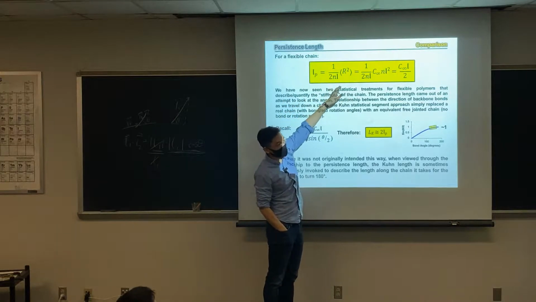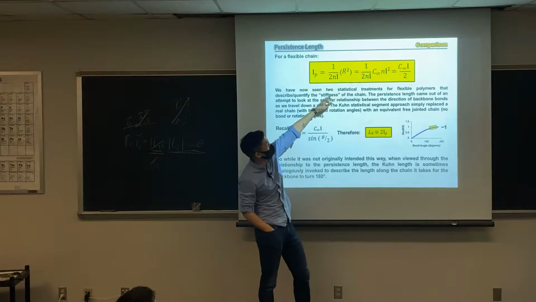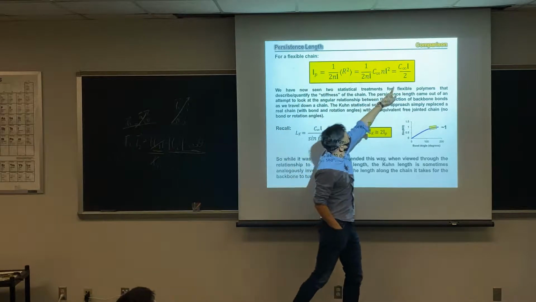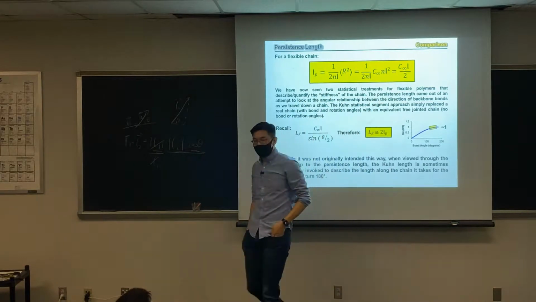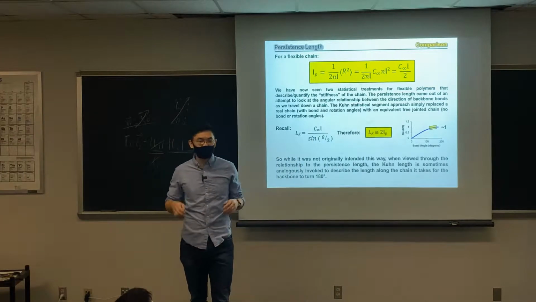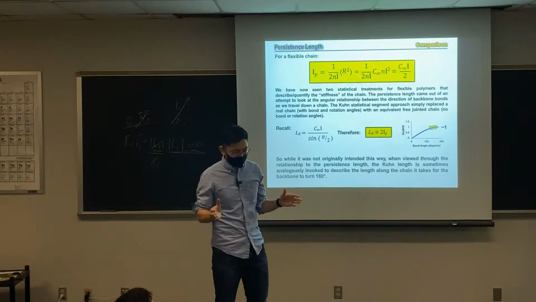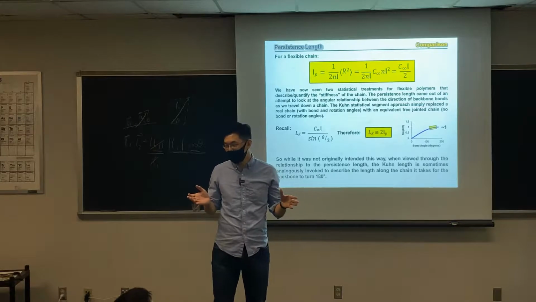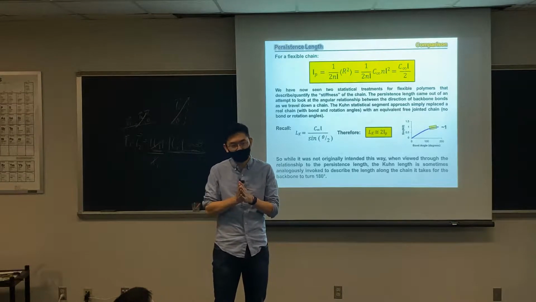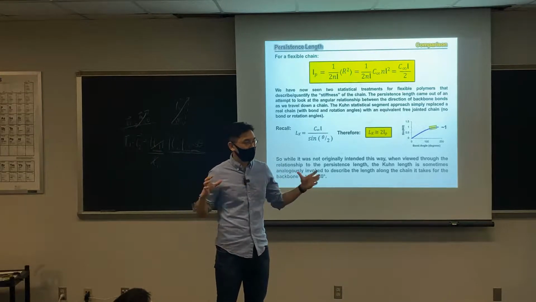For a carbon-carbon bond, if it's the same backbone, then it doesn't change, right? So LP scales linearly with the characteristic ratio. It makes great sense with what we taught at the beginning: the more rigid the polymer is, the bigger the end-to-end distance.